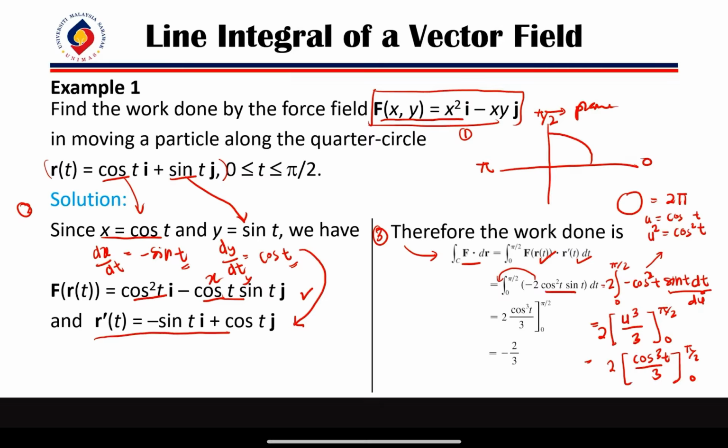So we get 0 minus, when we substitute t equals 0, cos 0 is 1, right? So we get 2 over 3 times 1, so we get negative 2 over 3, right? So this is the answer, right?